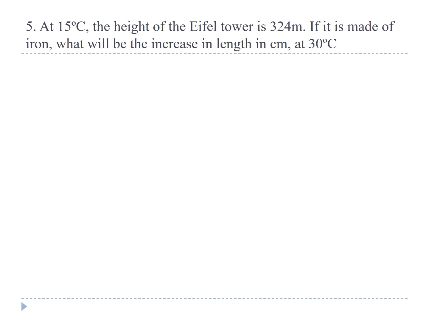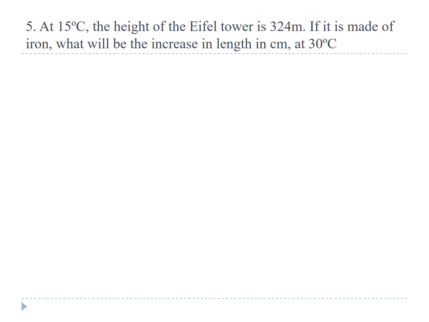Coming on to the next one. At 15 degrees Celsius, the height of the Eiffel Tower is 324 meter. If it is made up of iron, what will be the increase in length in centimeter at 30 degrees Celsius?